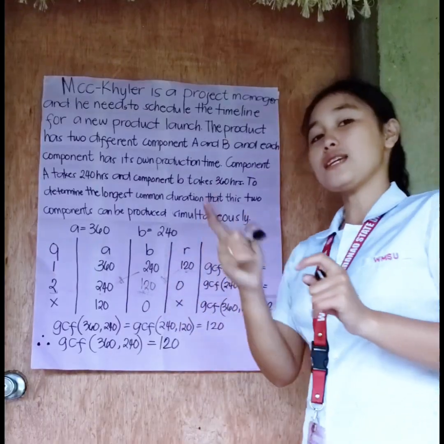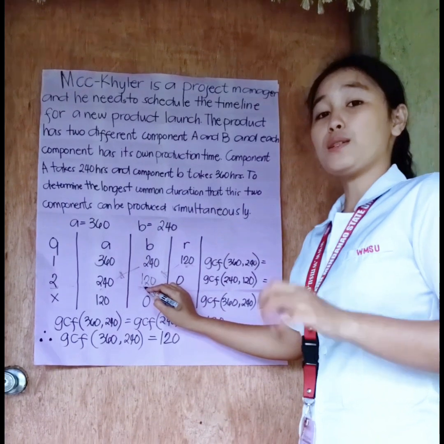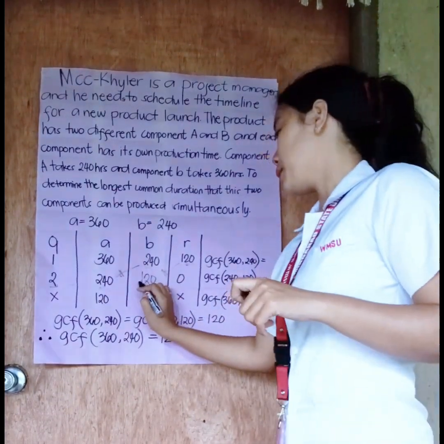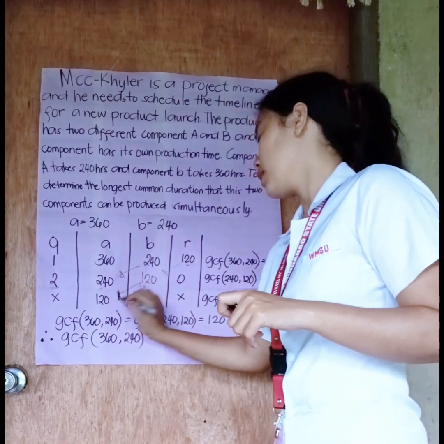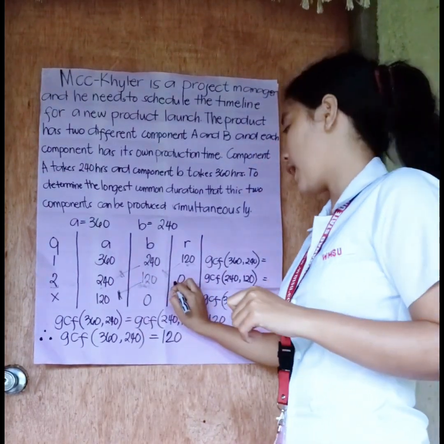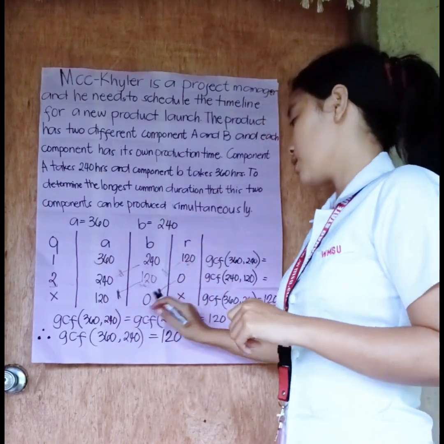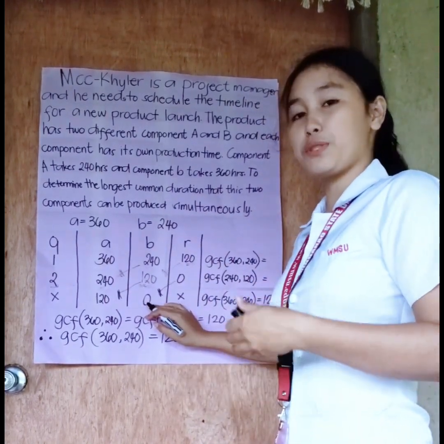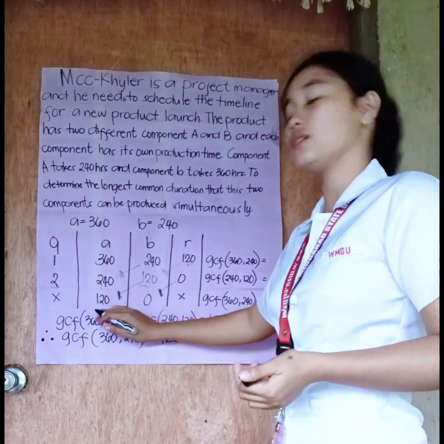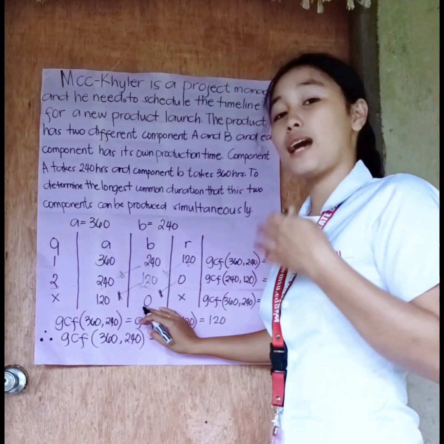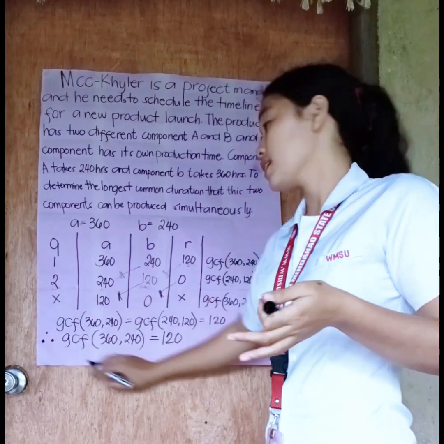Since our B here is not 0, we will proceed again to the shifting operation. Our B here will become A, and our remainder here will become our B. So 120 divided by 0 is undefined, so we write x for the remainder.